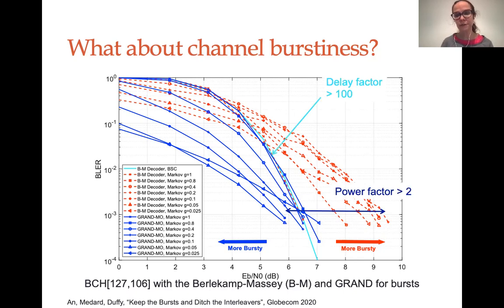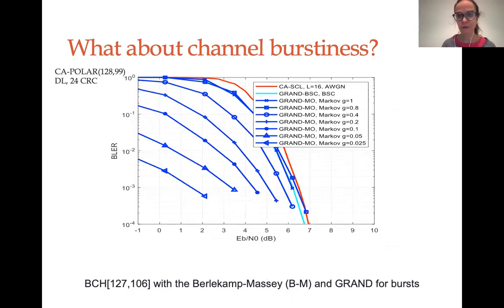But also you're getting a delay factor of about 100. Remember that we talked about ultra reliable low latency communications. Having interleavers goes very much against ultra reliable low latency communications. Being able to ditch the interleavers benefits us in Eb over N0 from an energy perspective. It's also really benefiting us massively from a delay perspective.